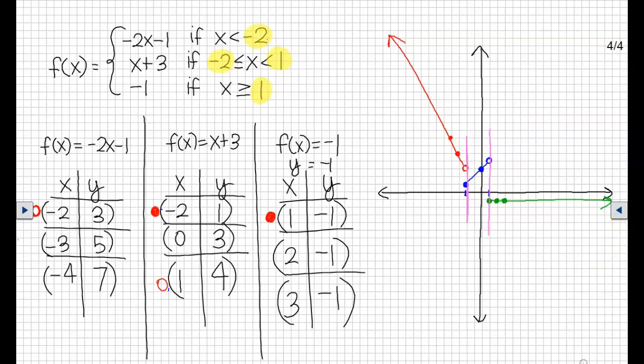Tomorrow, you will be taking a quiz on everything that we have done so far with functions. So you will need to be able to look at something and say, yes, it is a function, or no, it's not, which is what we started this unit with. You will need to be able to graph a function by making a function table, which we have practiced, again, for the last couple of days.